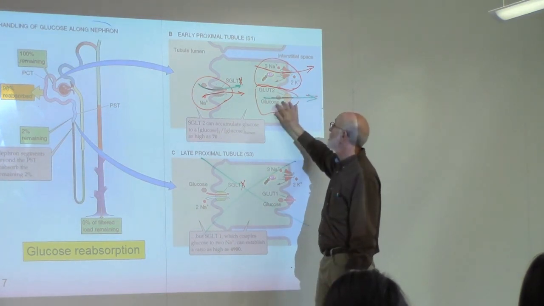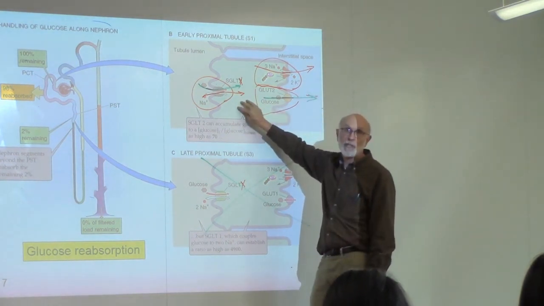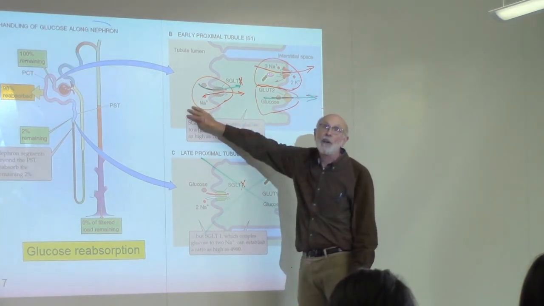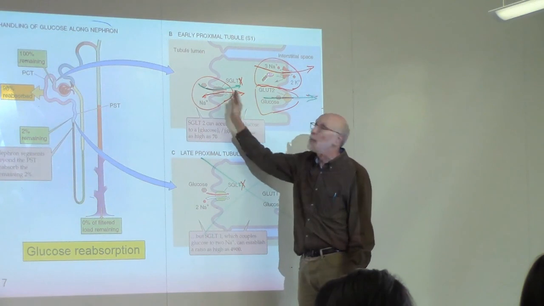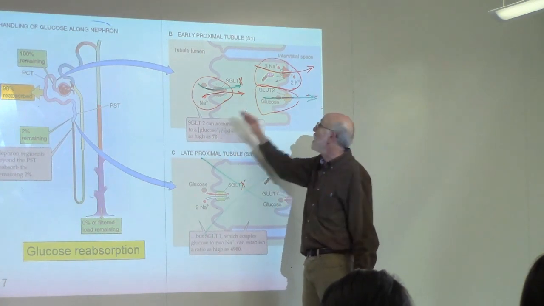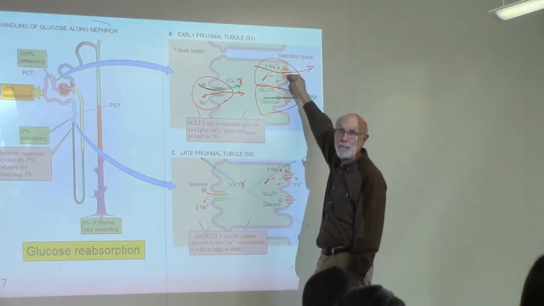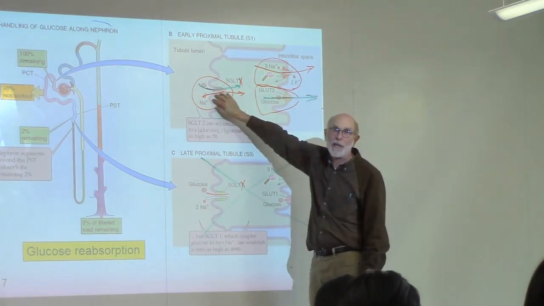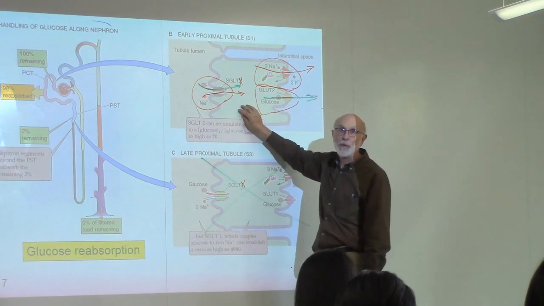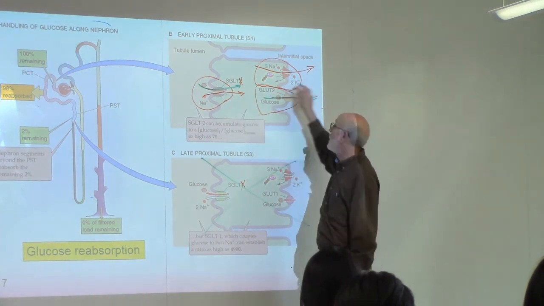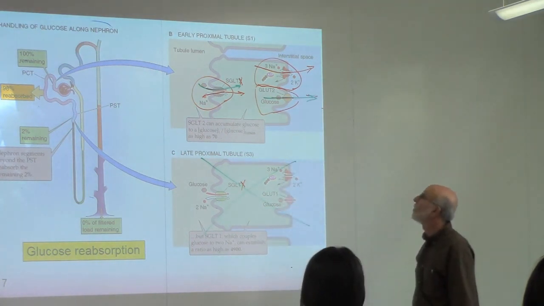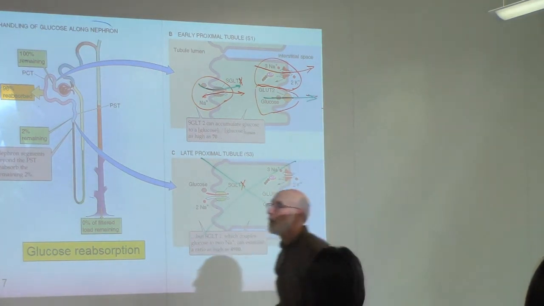So this only works if the concentration of glucose is high inside the cytoplasm. This works regardless of the concentration of glucose because it's being pumped by the sodium gradient, and the sodium gradient was established by the sodium potassium ATPase. So this works regardless of the concentration gradient. This only works if this concentration is higher than this concentration. Okay, so that's glucose.